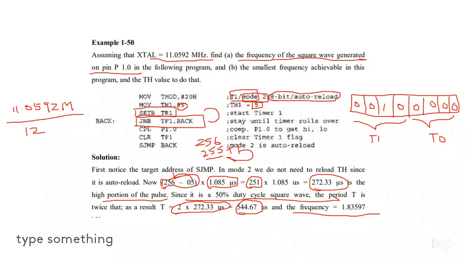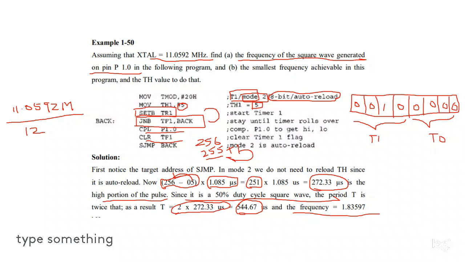Then after that, we are complementing P1.0 because the question itself is generating a square wave. The first half is the high value and the second half is the low value, meaning the first is positive and the other is negative, so the negative value is the complemented value here. Then CLR TF1.